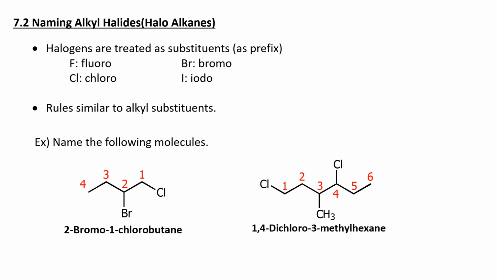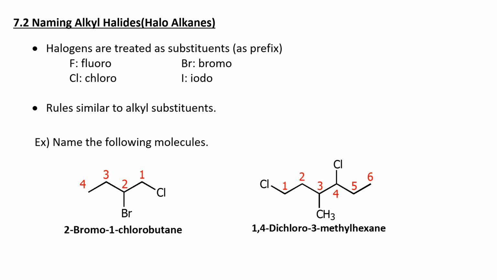The fundamentals of naming are going to be the same through this second unit, mainly that we identify the parent chain, we identify our substituents, name our substituents, we number our parent chain, and then we put it all together in that original template to build the name of the organic molecule.